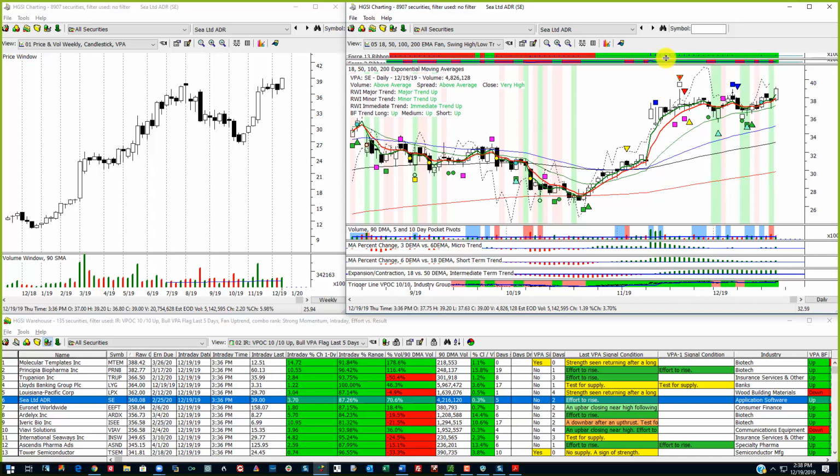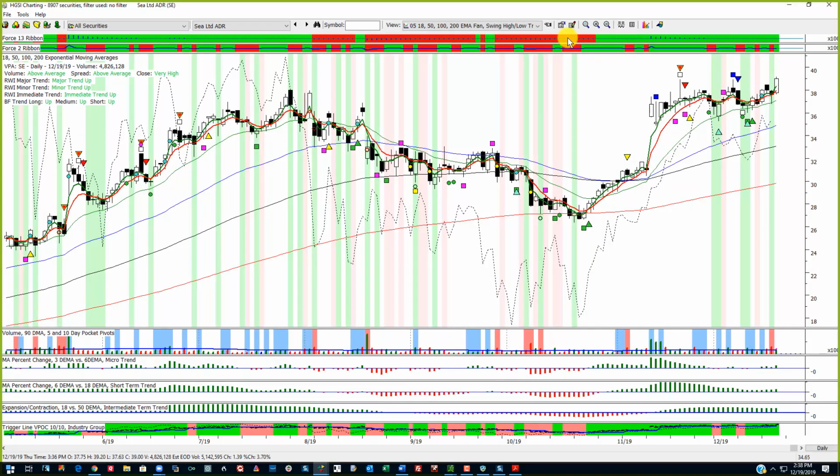There we go. 13's on top. Let me make this full screen. I had the window hidden on here. 13 period force index. Here's the 2-day, which is a short term. I also put the volume point of control 10 period back in this chart.